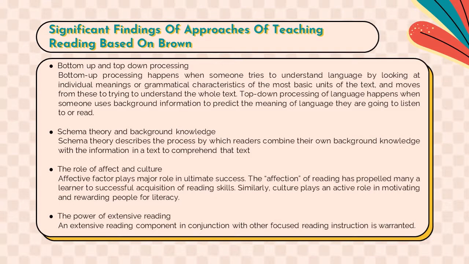The affection of reading has propelled many a learner to successful acquisition of reading skills. Similarly, culture plays an active role in motivating and rewarding people for literacy. The last is the power of extensive reading. An extensive reading component in conjunction with other focused reading instruction is warranted.